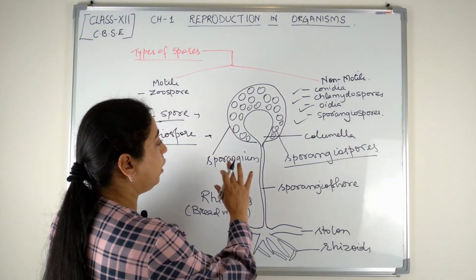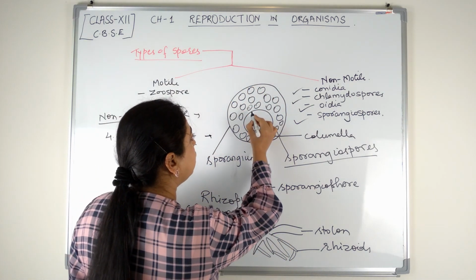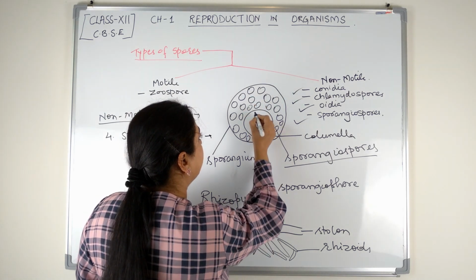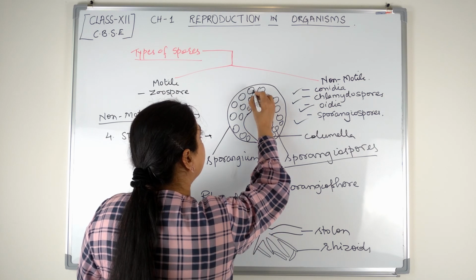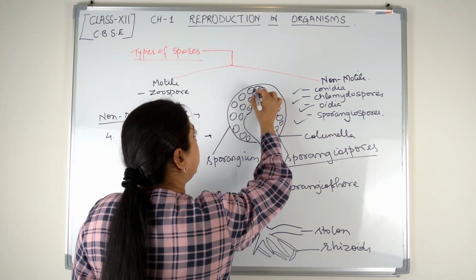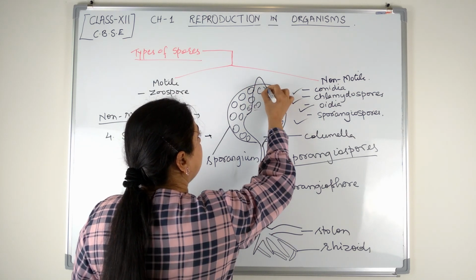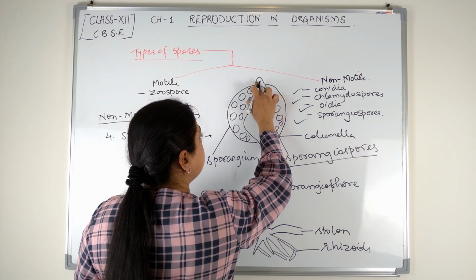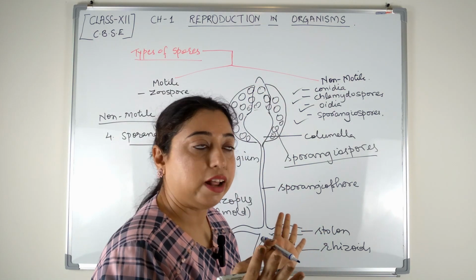Right. So when the sporangiospores get mature, this columella starts moving a little upward. And when it starts moving upward, it actually moves out of the sporangium. As a result, the sporangium splits open. It results in the dehiscence of the sporangium.